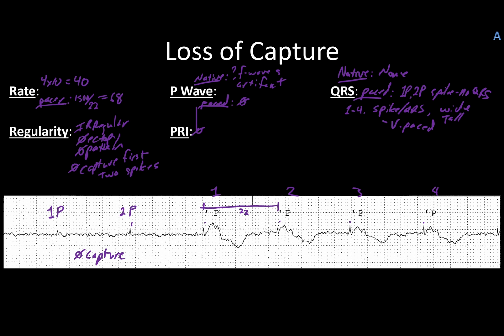For that, ultimately, then what am I going to say? I'm going to say that this is V paced with loss of capture is the best way to phrase this. Or ventricular paced with loss of capture, because that's exactly what I see. Remind you what the causes of things like this can be. We can have lead fracture.